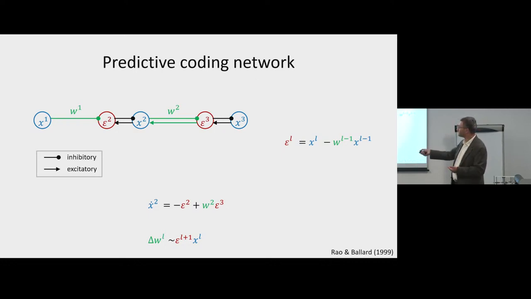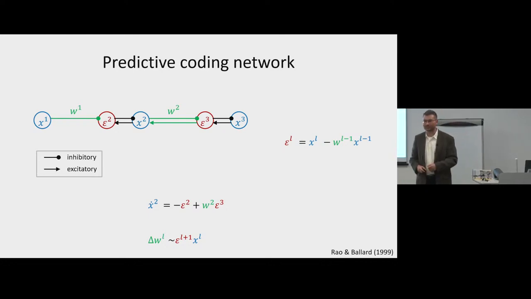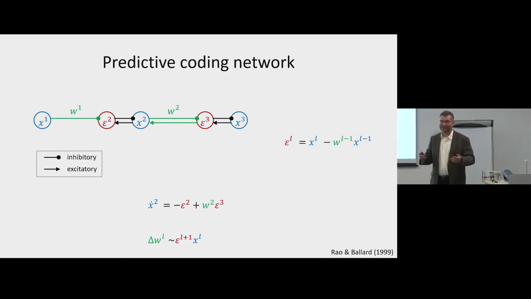But if, for example, x1 is 1 and x3 is 2, so you have the situation when one of the nodes is higher, then you cannot minimize the error by setting w's equal to 1. So if you constrain both ends of this network, there's no trivial solution. You have to really modify the weights to minimize the error.